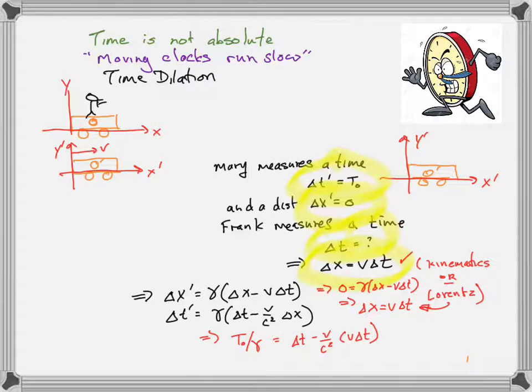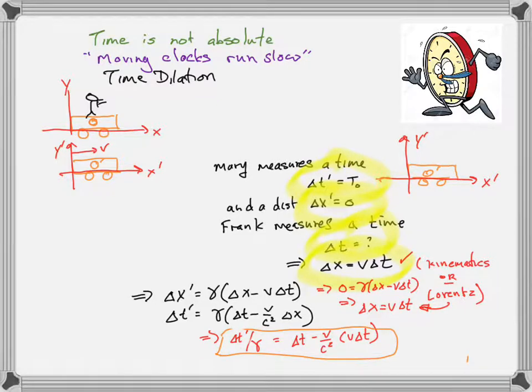So now I've got this equation, in which I plugged in the variables we have identified as known, and now let's figure out what the relationship is between delta t and delta t prime. Now remember, I just replaced delta t prime with t0. I probably did that too early. I should have done it later. I should have just called that delta t prime. Let's go ahead and do that.